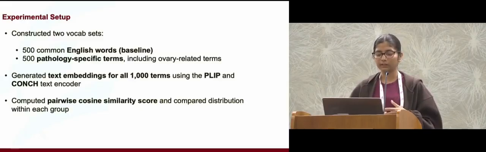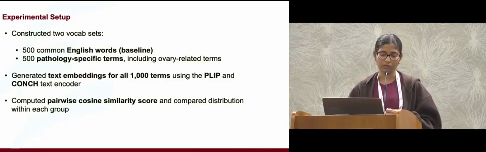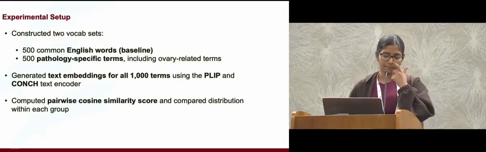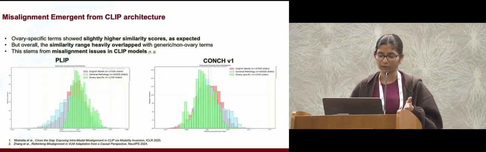We were exclusively studying ovaries at that time, so we also had 20 words specifically related to ovary pathology. We generated text embeddings for all these 1,000 terms using CLIP and CONCH. Then we computed pairwise similarity scores between the text embeddings and the image embeddings and compared the distribution of those scores.